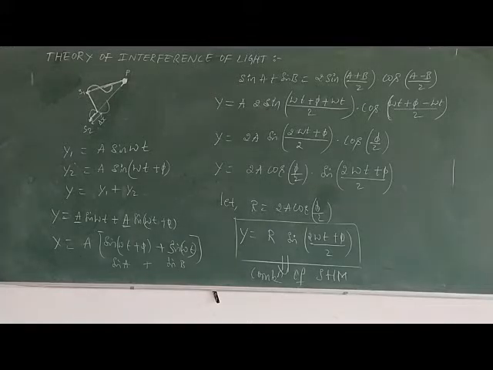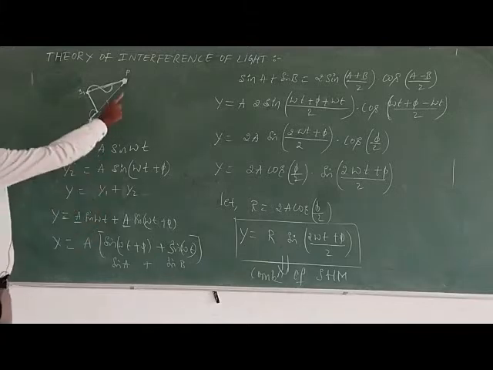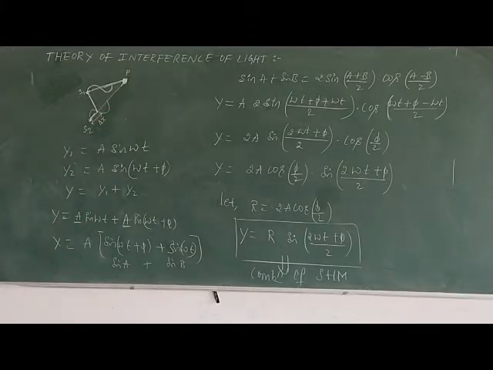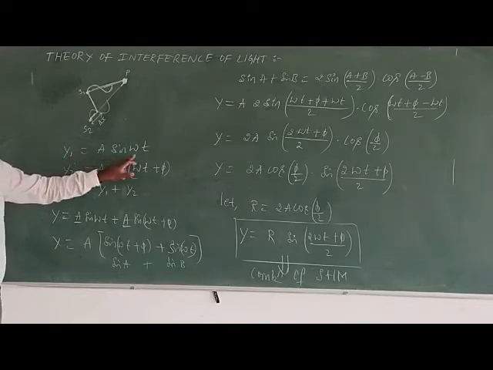Yes, once again I will repeat here. Let us consider a point P as the point of superposition. S1 and S2 are the two sources which produce light, having wavelength lambda and amplitude A. Delta x is the path difference between the two waves. The displacement equation for the first wave at point P is y equals a sin omega t.